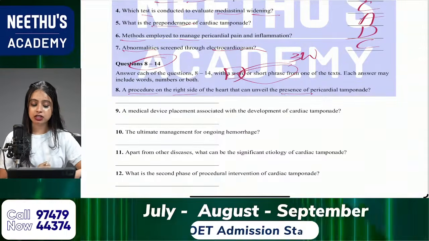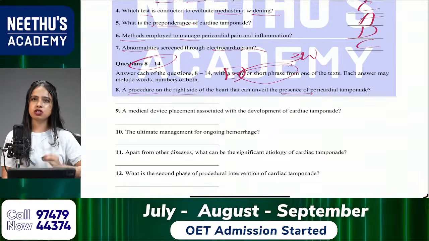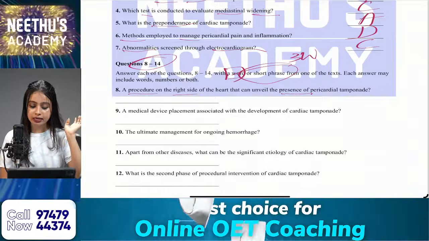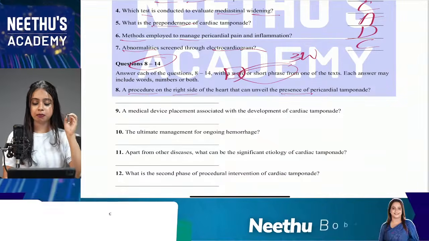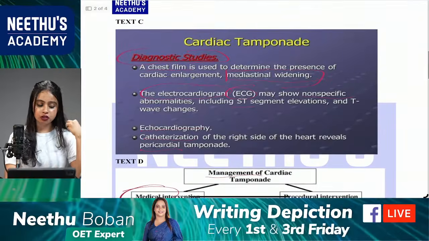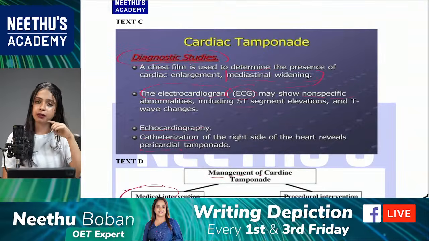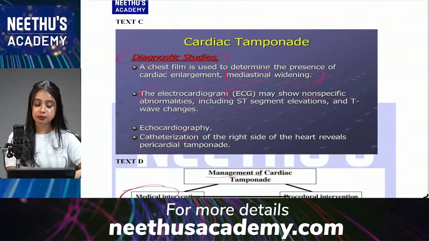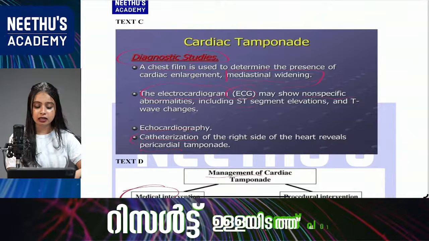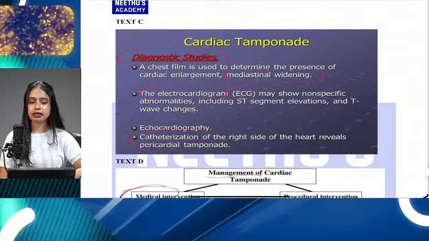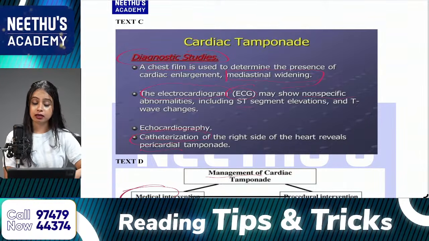Okay, I'm sure it is from text C. Right side as well as presence, pericardial tamponade. So definitely I'm going to text C. Yes, very good, Reba. It is catheterization, dear. Your answer is correct. I got that answer from text C, the last bullet point. Catheterization of the right side of the heart reveals pericardial tamponade. So answer is catheterization from text C.